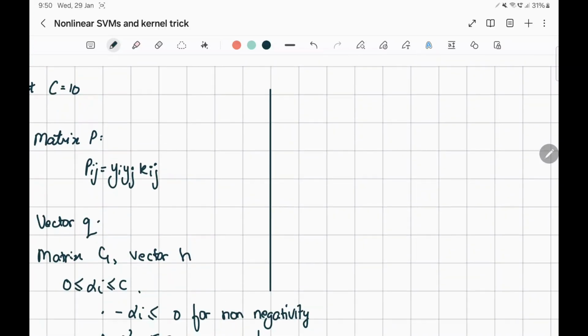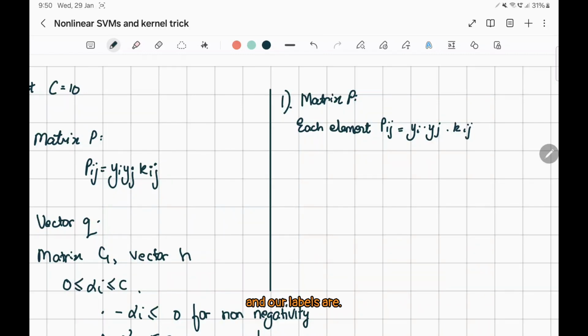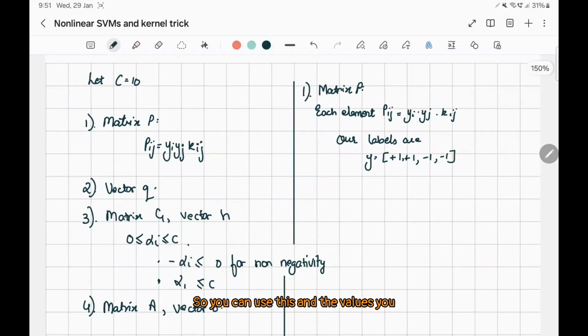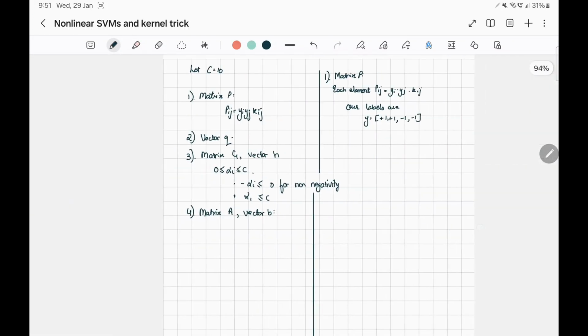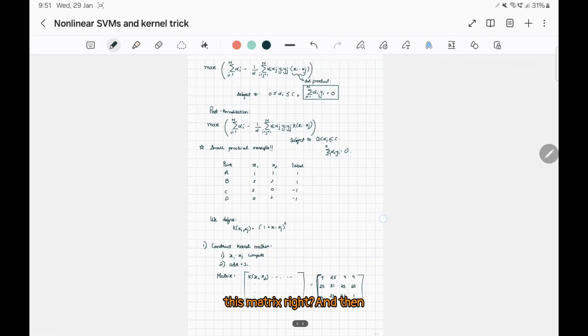So how to do matrix P? Okay. So each element in Pij and our labels are, so you can use this and the values you found in this matrix, right?